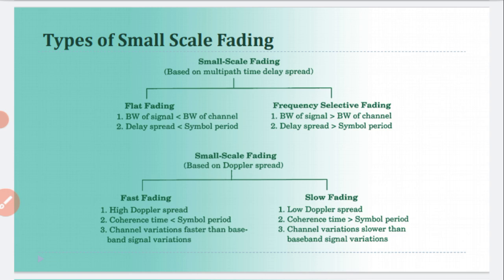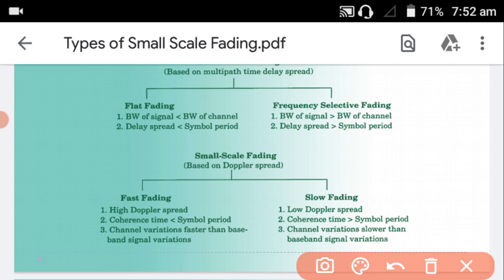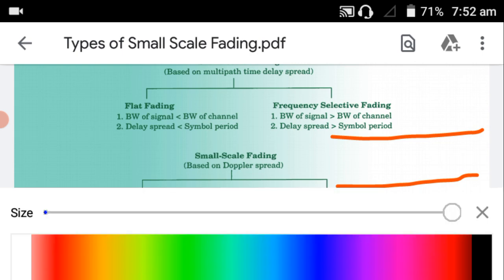What about the case of frequency selective fading? In the case of frequency selective fading, the bandwidth of the signal is greater than the bandwidth of the channel. So in that case, this is the bandwidth of the signal, and this is the bandwidth of the channel.